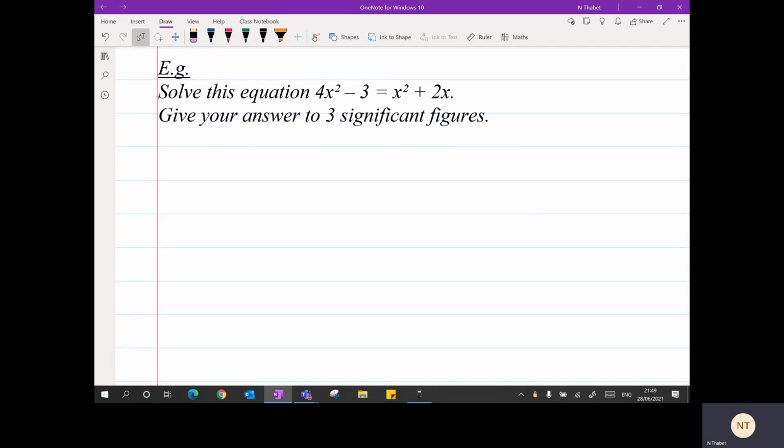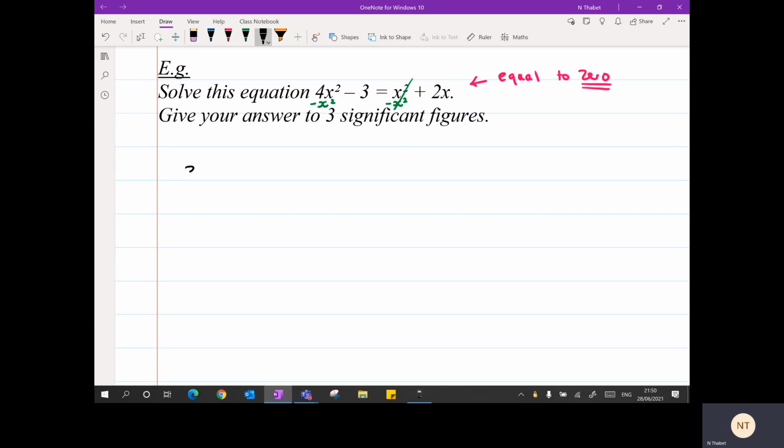Again, solve this equation, give your answer to three significant figures. Remember that to solve a quadratic equation, it has to equal 0. So the first thing you're going to do is rearrange to get the equation to equal 0. So I'm going to take away x squared from here. They cancel. And I'm going to take the x squared from the 4x squared because they are like terms.